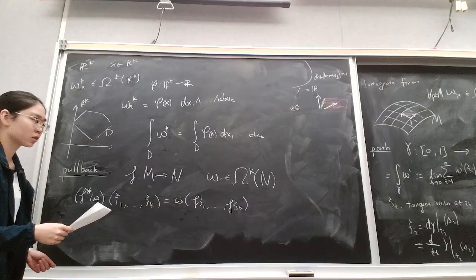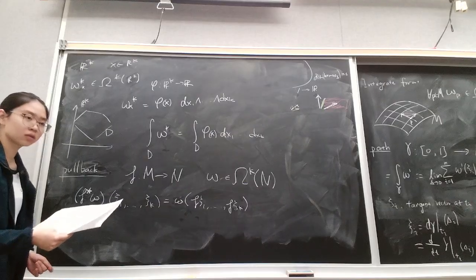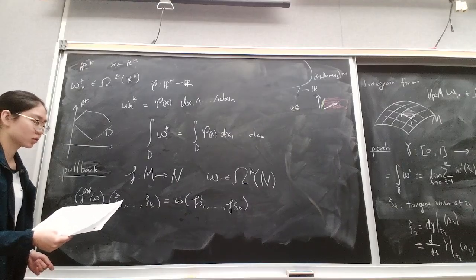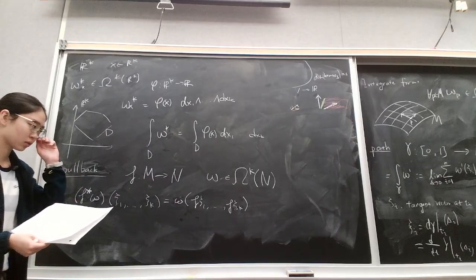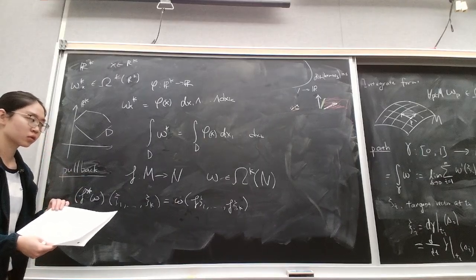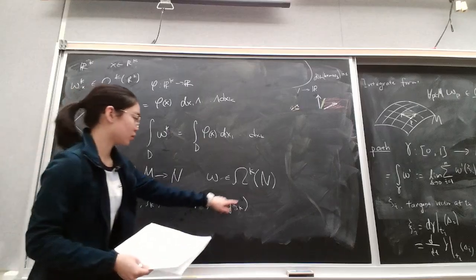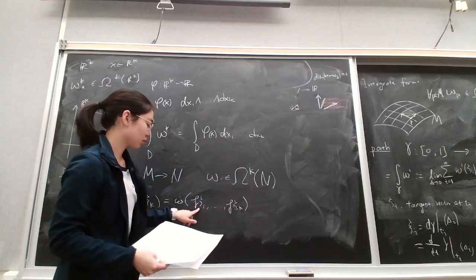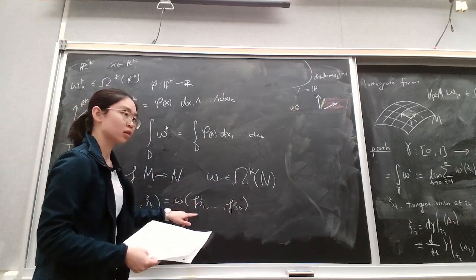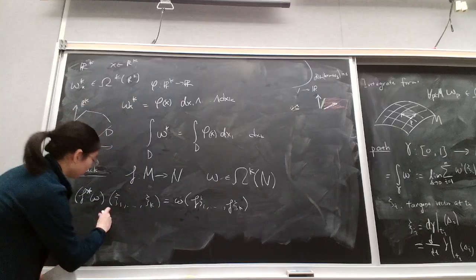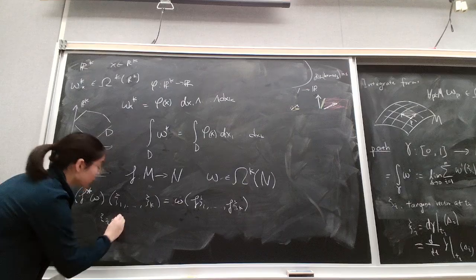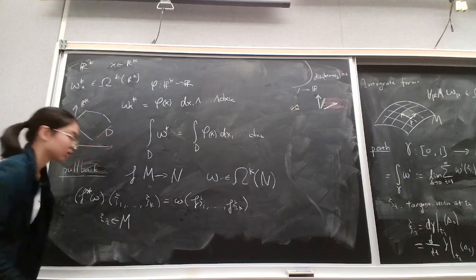It's df, right? The thing you want to be plugging in has to be, sorry, these are elements of N. Which things are vectors and which things are points?